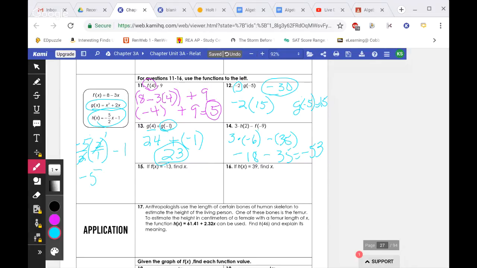So then I would have a -5 here, -1, which would be a -6. So I'm going to plug in -6 right there. So that's 3 times a -6. And then you have to go over and plug in that -9 into the f of x one. Does that make sense?